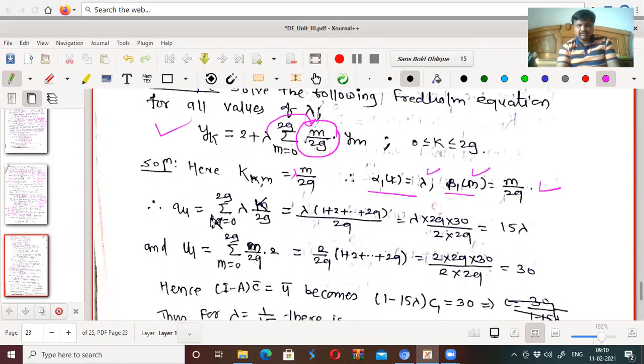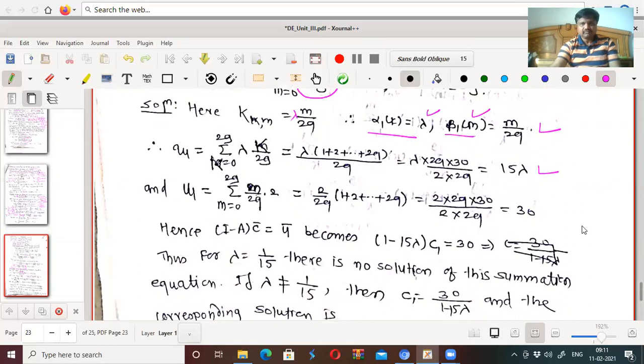You will get A11 becomes the sum for k from 0 to 29 of alpha 1k, beta 1m, lambda k upon 29. So lambda upon 29 is constant. If we take the addition from 1 to 29, it is lambda upon 29 times 29 into 30 upon 2. It is 15 lambda.